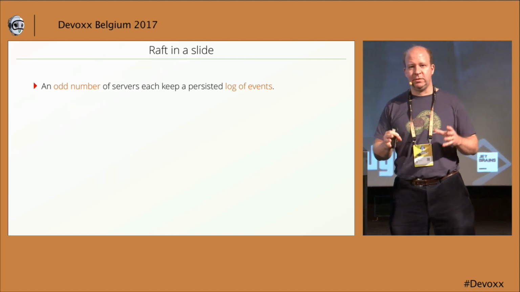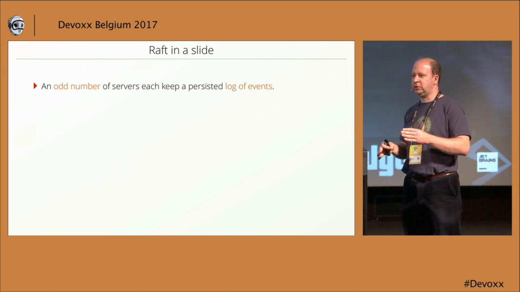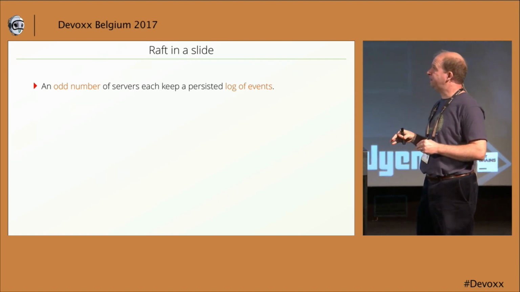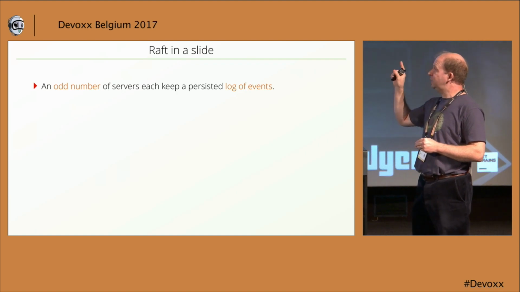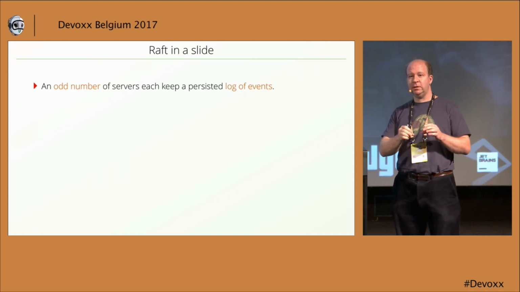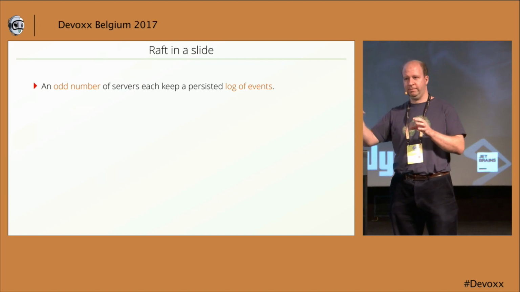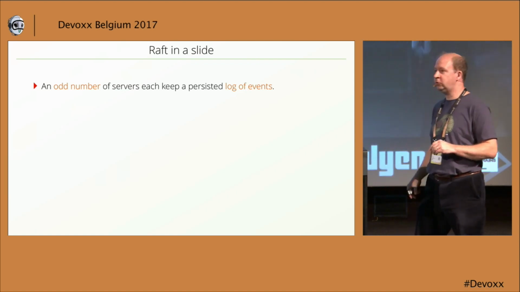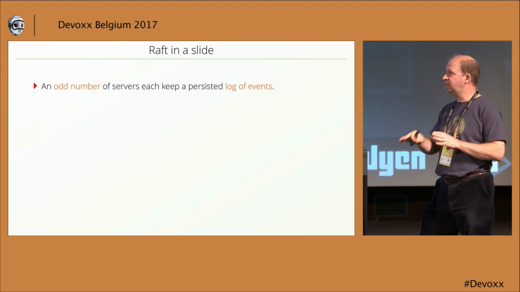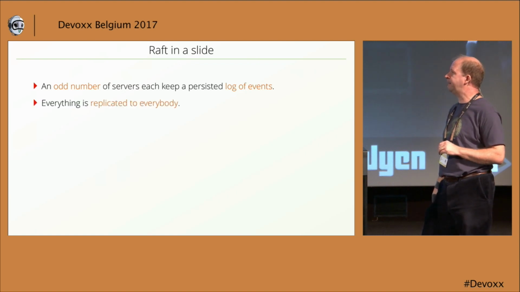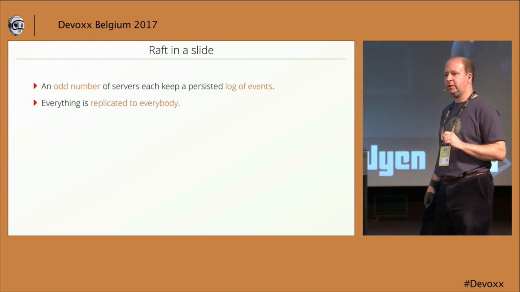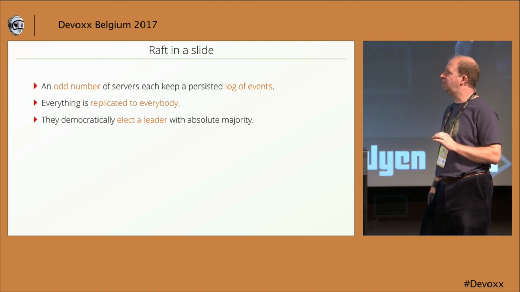Imagine you have an odd number of servers. We come to the question why it's odd in a second. Your target is that they keep a persisted log of events, say. Together, everybody should have the same log, so everything is replicated to every other machine.